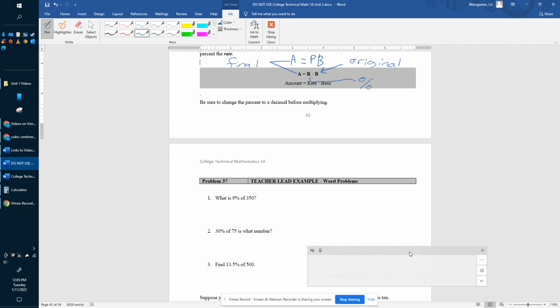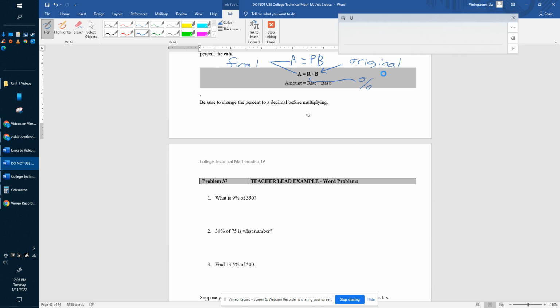What is 9% of 350? So we have a base of 350. That is our original amount. We're trying to figure out what 9% of it is. So A equals 9%. And now remember, when we are doing these problems, we have to write our percent as a decimal.